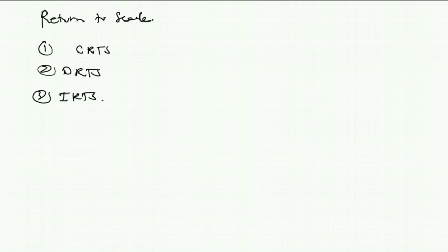Then only do I introduce or revise the concept of returns to scale, because this concept is not something new. In your principles of micro in the first year, you should know this already. When we talk about returns to scale here, we have constant returns to scale, decreasing returns to scale, and also increasing returns to scale.